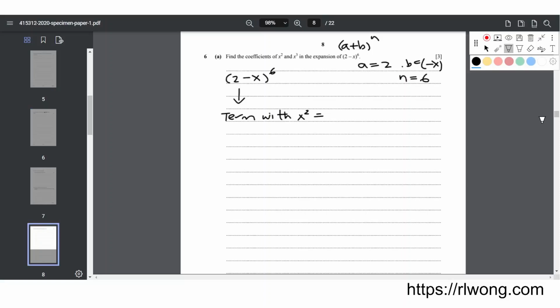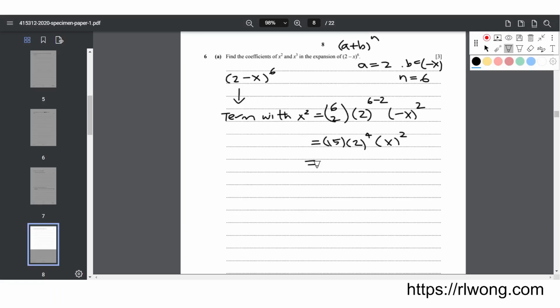Okay. So n is 6, 6 choose 2. Then a, which is 2, to the power of 6 minus 2, which is 4, times b, which is negative x, squared. So type it into your calculator. 6 choose 2 is 15, then times 2 to the power of 4, then here will be x squared.